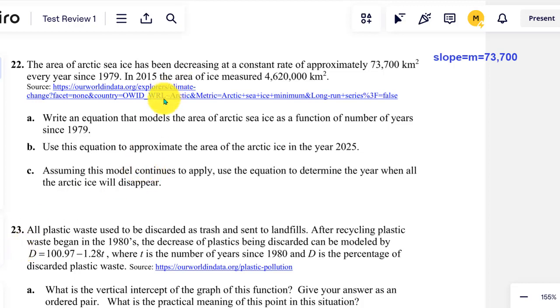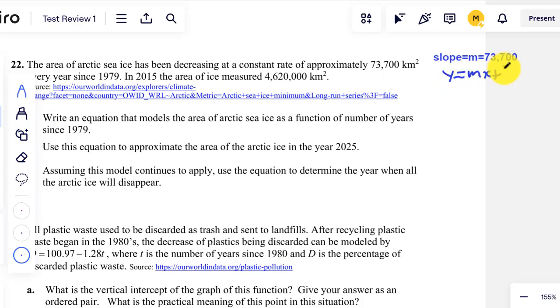When we're thinking of the equation of a line, we're always thinking y equals mx plus b. Right, so the equation of a line is y equals mx plus b. So we know m, but we do not know b.